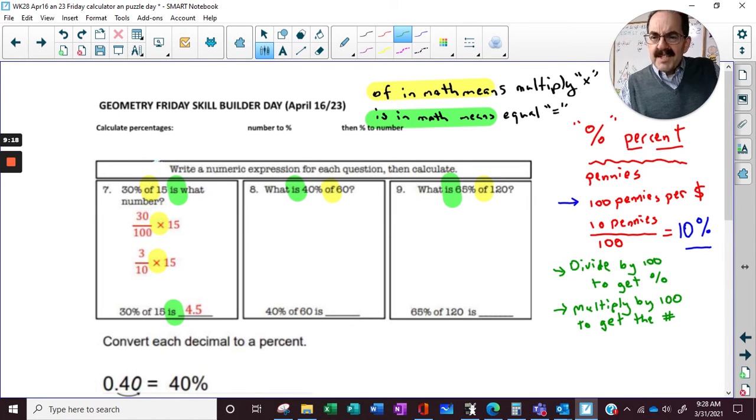So now let's try to make sense of this. 30% of 15 equals the unknown. Step 1. Anytime you see the percent, that is a number divided by 100.